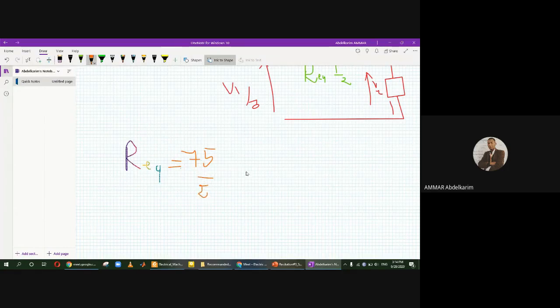Then R1 equals 37.5, and A square R2 equals 37.5.